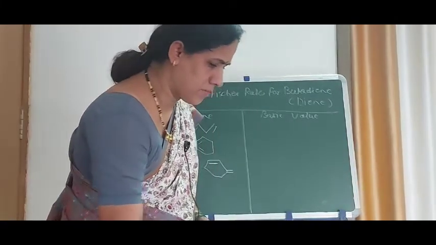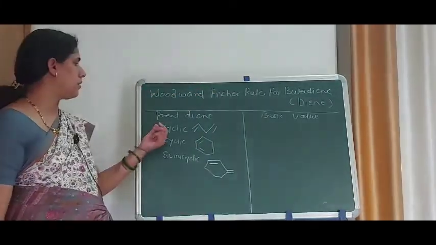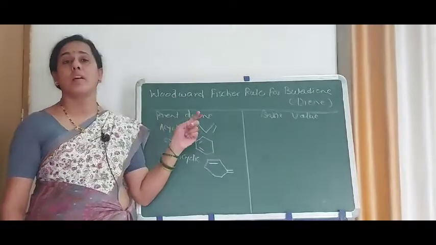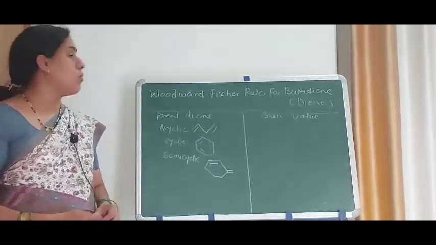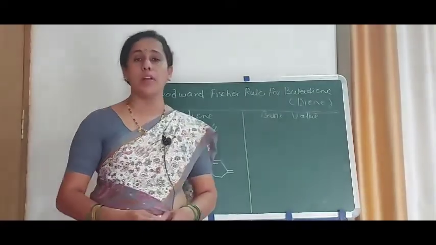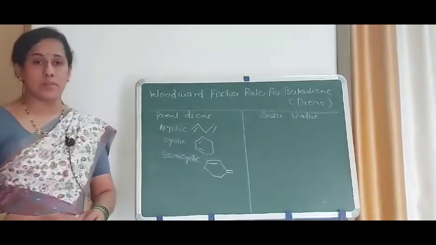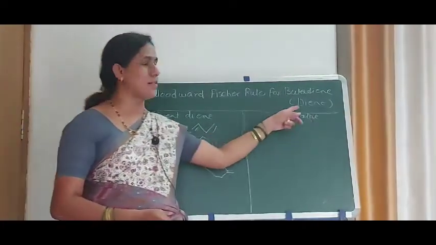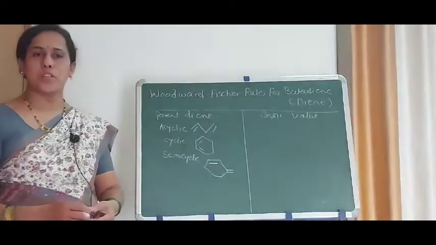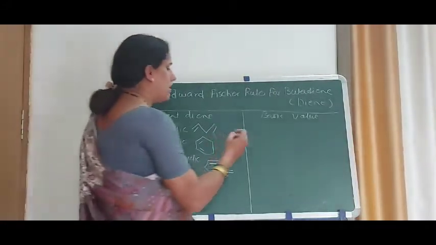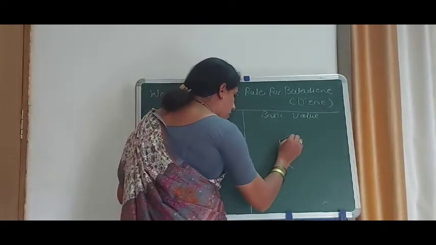Now we have to discuss Woodward's and Fischer's rules for butadiene. Already we have seen the butadiene structure. It is also simply called a diene. The basic IUPAC name for butadiene is 1,3-butadiene. Again, I will repeat the structure.